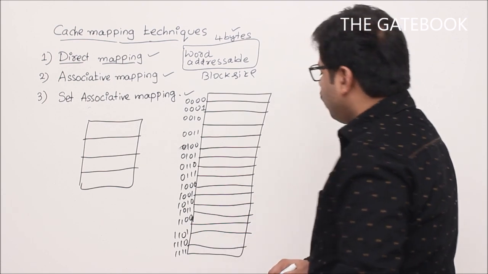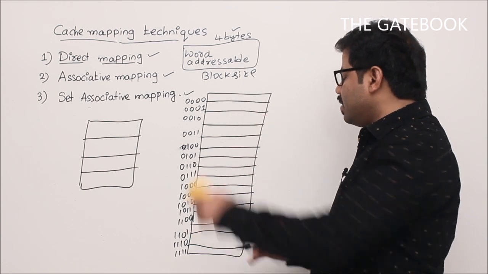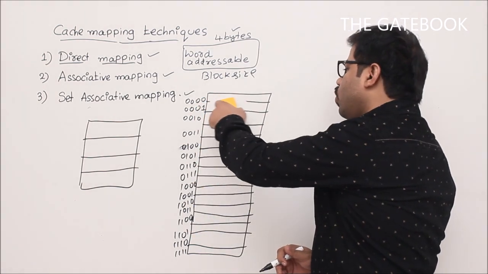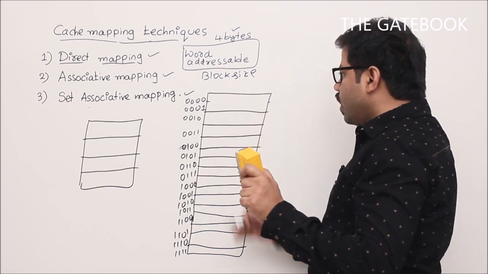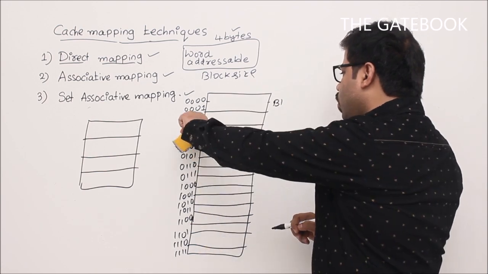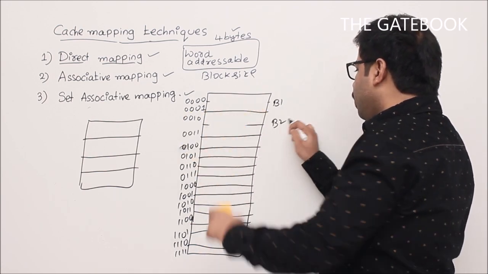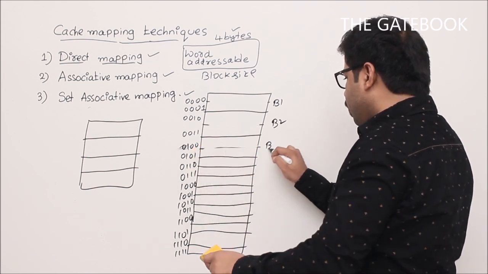Right now, what I'm going to do is imagine this data as blocks, because we always transfer the data in blocks. That's why let us imagine these 16 locations as blocks. Then this would become block number 1, this would become block number 2, and this would become block number 3.